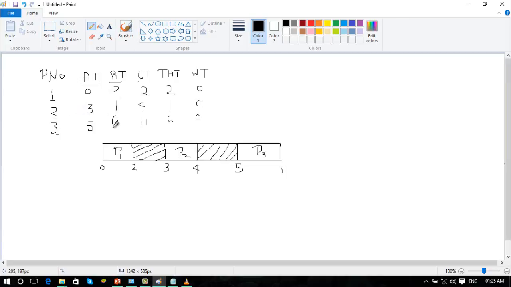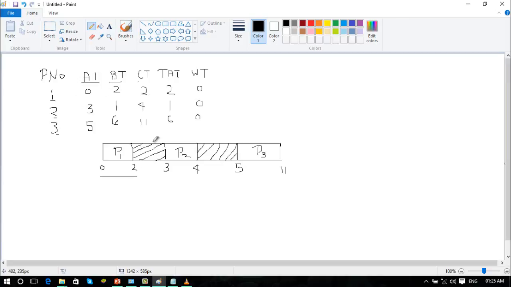What happens is, you pick the first one to execute, which is P1. It starts at 0 and its burst time is 2, so it finishes in 2 microseconds. After 2 microseconds it will check which process arrived next.